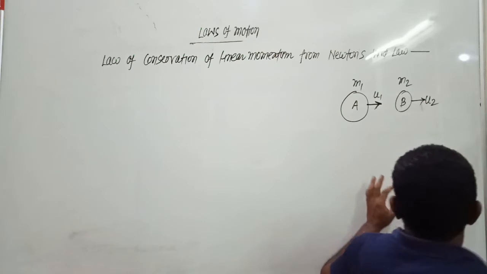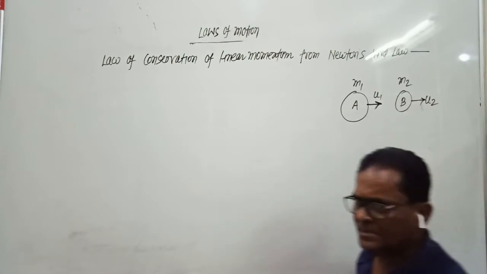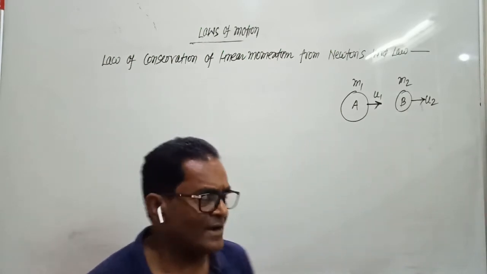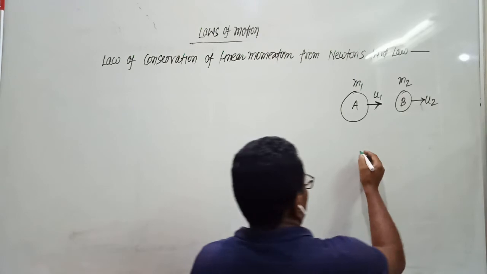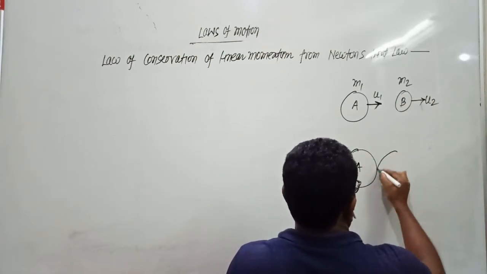Velocity u1 is greater than velocity u2, so after some time they collide with each other. This is the second condition, when two bodies collide with each other.